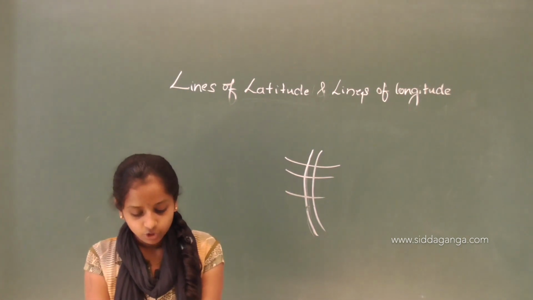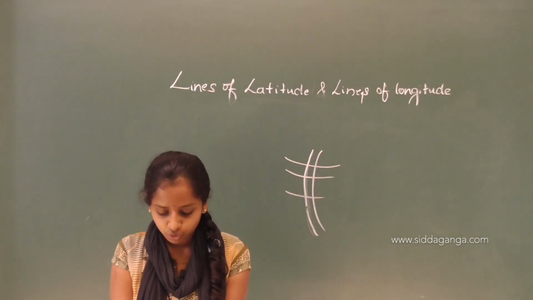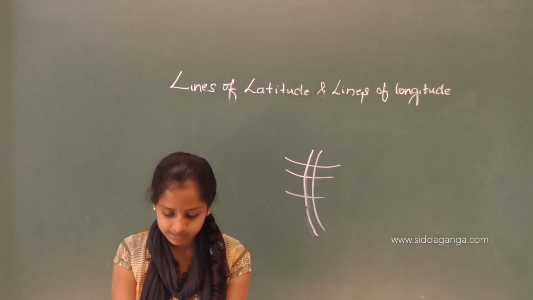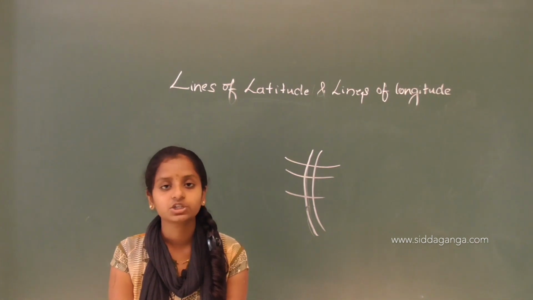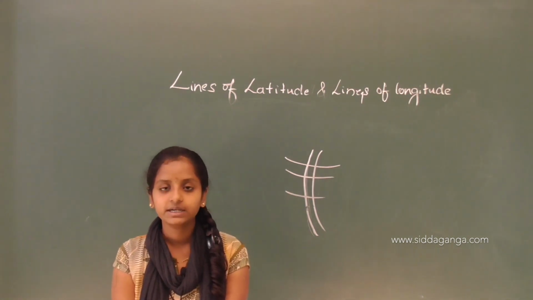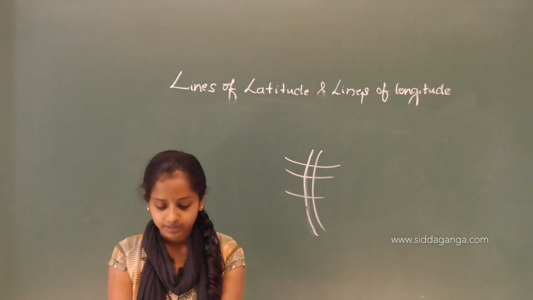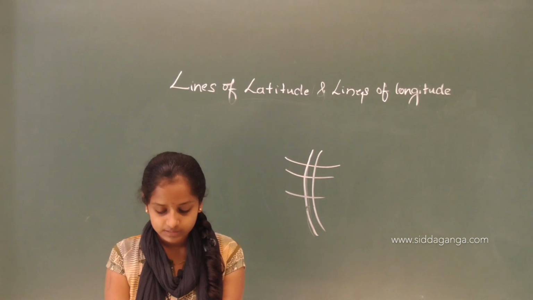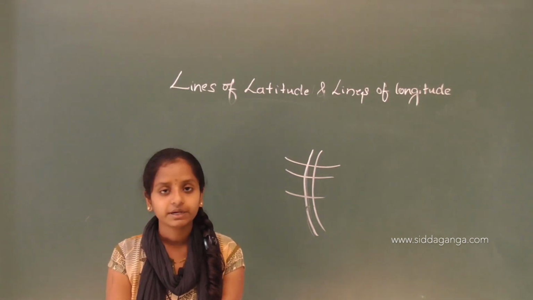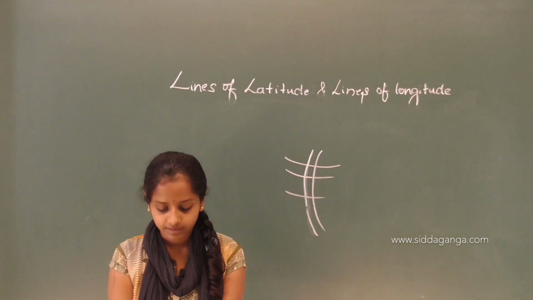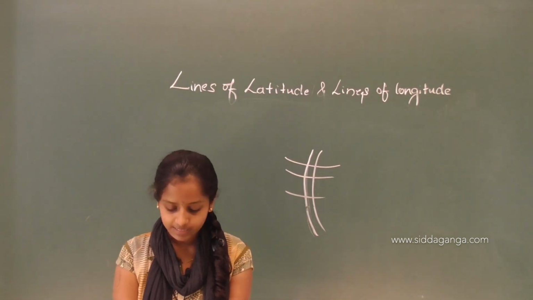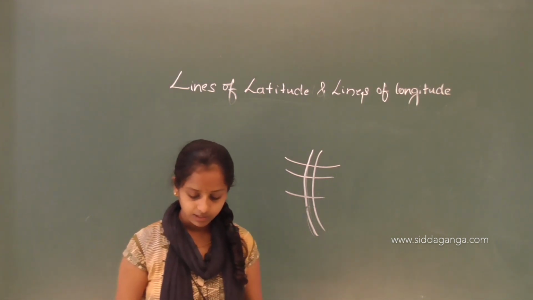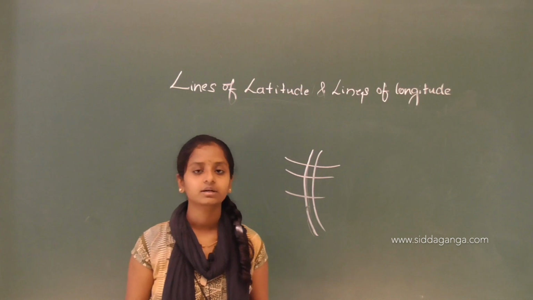To locate a place, we need to know both the latitude and the longitude of the place. For example, the location of Kolkata is 20 degree north and 87 degree east, which means Kolkata is located on the globe where the 20 degree north latitude and 87 degree east longitude cross each other. Similarly, we can locate countries, cities, towns, mountains and rivers.